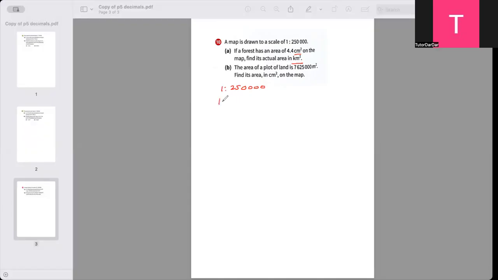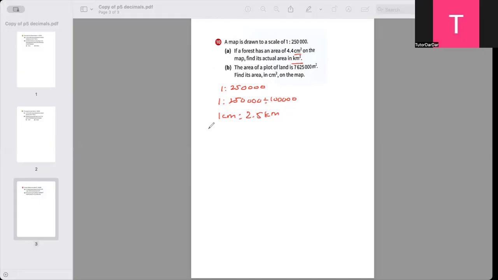So 250,000 divided by 100,000, which will give you, instead of 1:, I will write 1 cm is to 2.5 kilometer. Always have to find this first. Based on this situation, if they give you cm and km, you find cm and km first.